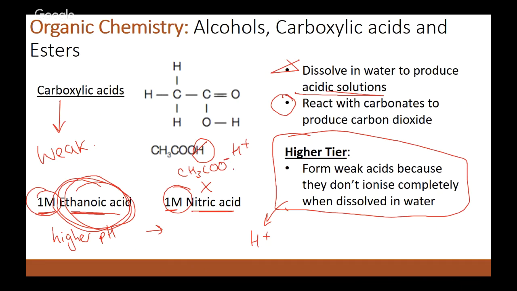So you would expect this part of the molecule to separate from the hydrogen ions, making it acidic. However, they don't completely ionize. Really common question, so make sure you've got this in your heads ready for the exam, that they form weak acids because they don't ionize completely, and that will mean that there are lower numbers of hydrogen ions.